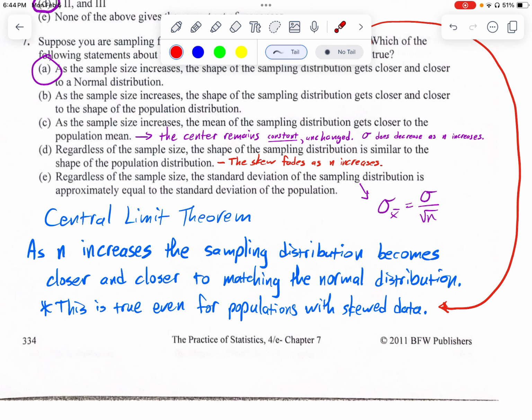They're saying that the standard deviation of the sampling distribution, this is from your cheat sheet, is equal to the standard deviation of the population, which is sigma. This is the population standard deviation. And that ain't true. That is just not true. This one never changes. The sampling distribution standard deviation will decrease and decrease and decrease as n gets larger.